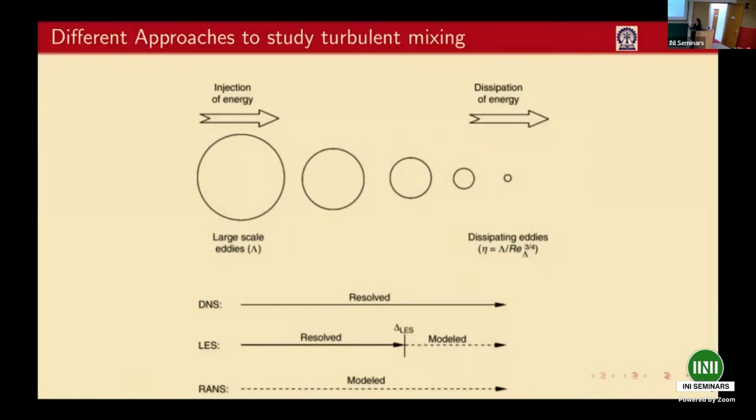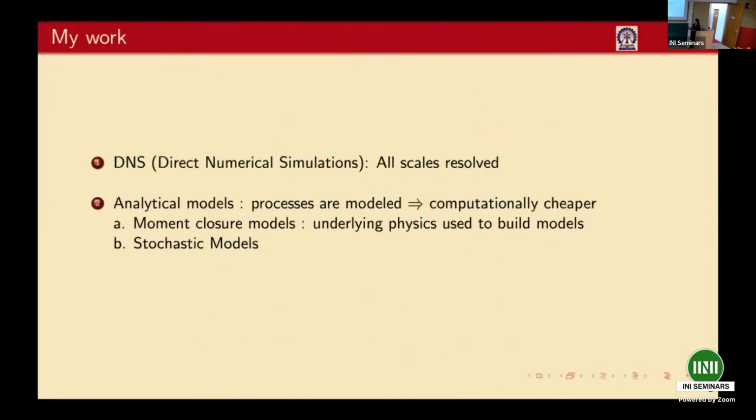And in between, we have large eddy simulations, where some scales are resolved, but the rest of the processes are modeled. I have worked on direct numerical simulations, but today I'm going to talk about analytical models of turbulence, that is turbulence models, and how to use some of those concepts in ocean models.